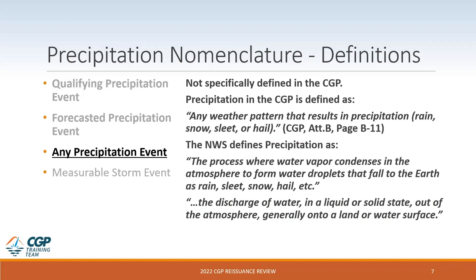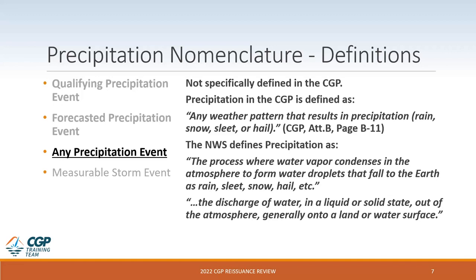The next term to define is any precipitation event. Now, any precipitation event, even though it's mentioned in the Construction General Permit, it's not specifically defined in the CGP. Precipitation in the CGP is defined, though, and that includes the definition as follows. The CGP defines precipitation as any weather pattern that results in precipitation, which includes rain, snow, sleet, or hail.